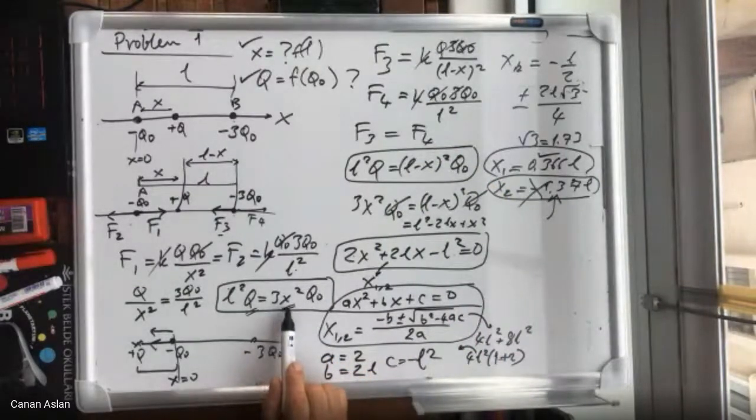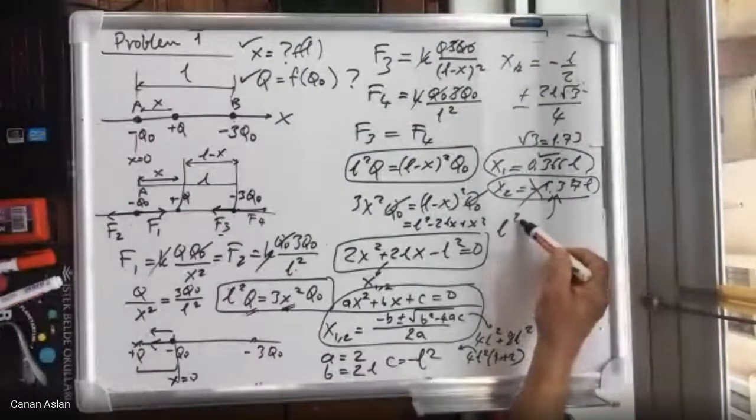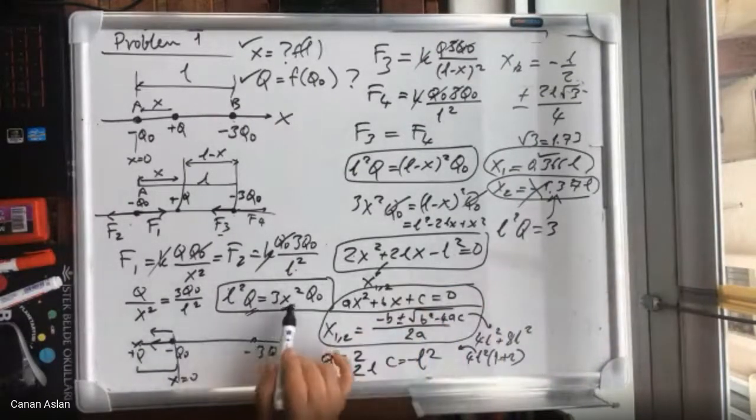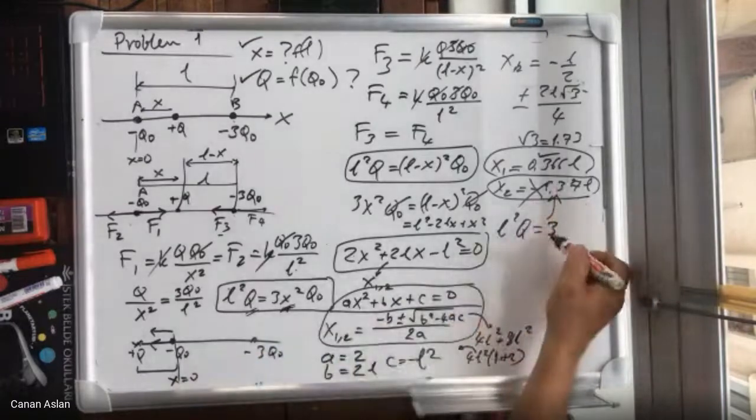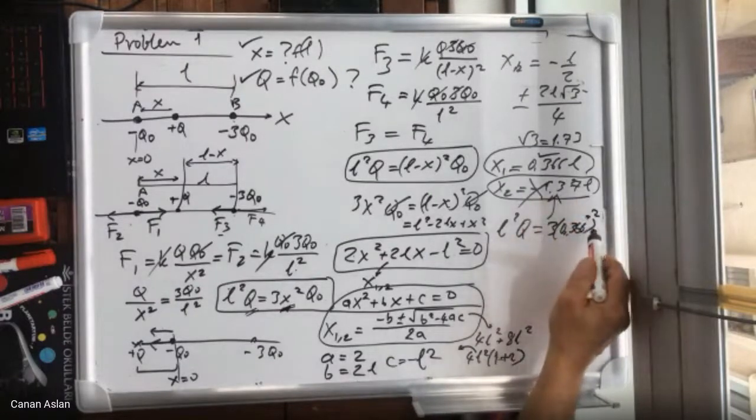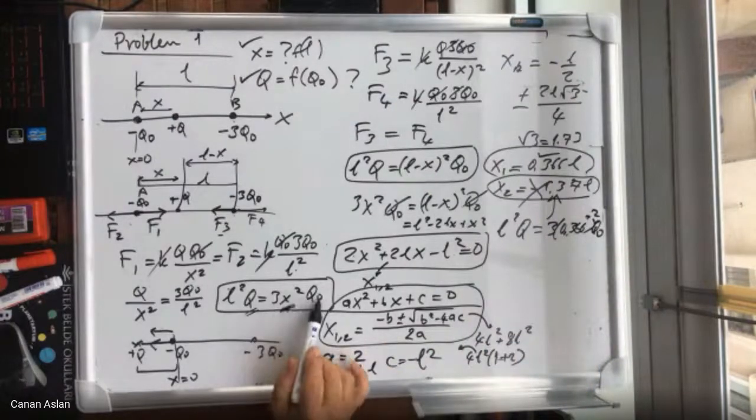For instance, we can use this one, so that L squared times Q will be equal to 3x squared, but x is 0.366 squared, times L, times Q0, because 3x squared times Q0.